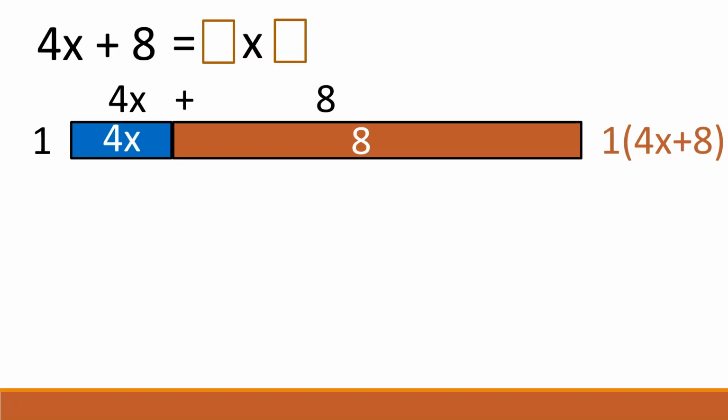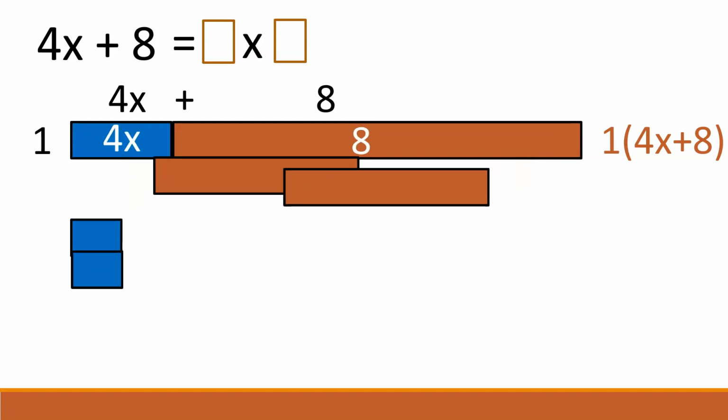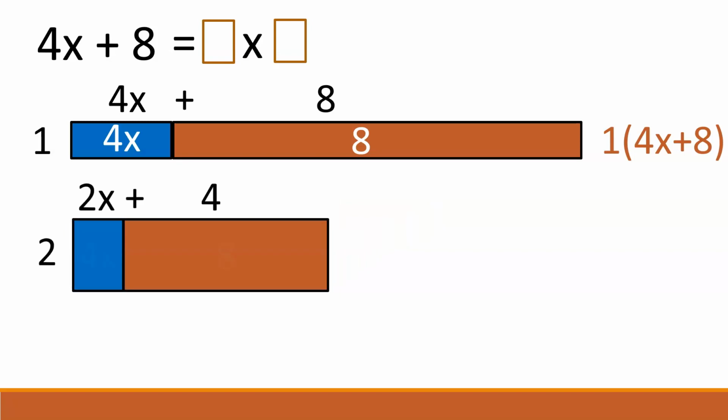This is maybe the most trivial one. 1 times 4x plus 8 gives us 4x plus 8. But we can take those same areas and rearrange them and find some other combinations of dimensions, like this one, 2 times 2x plus 4. That also is an area of 4x plus 8.